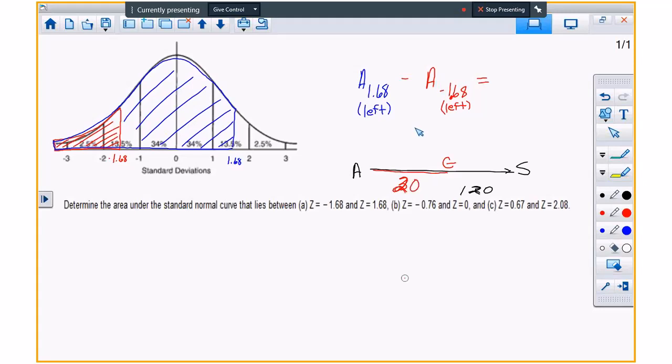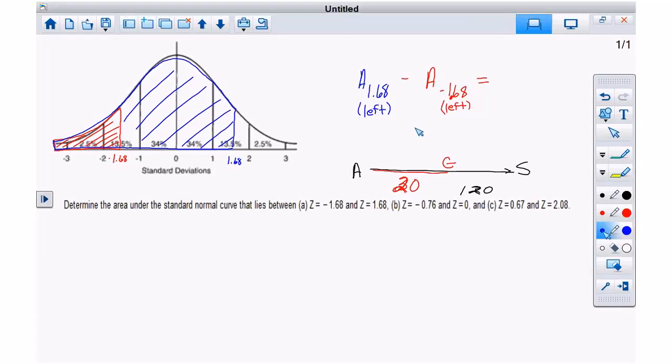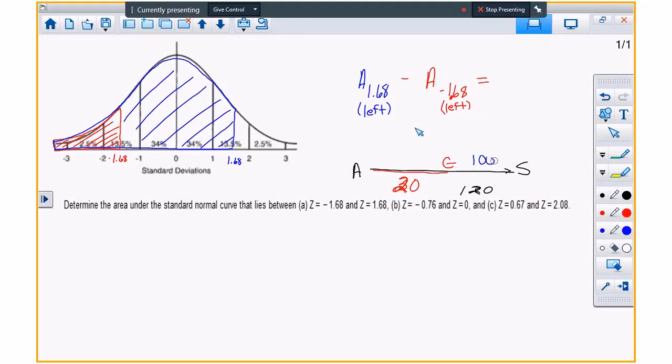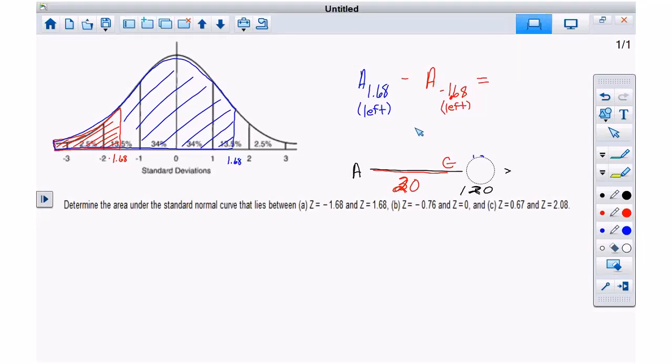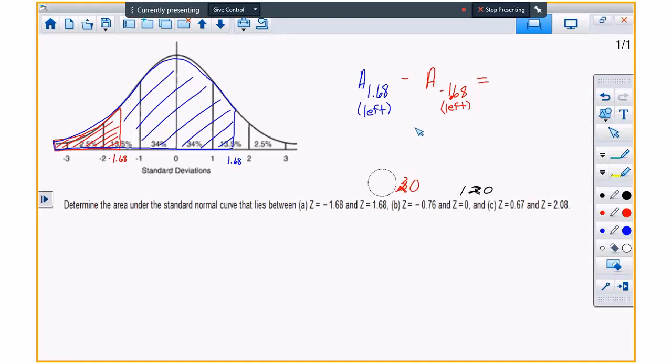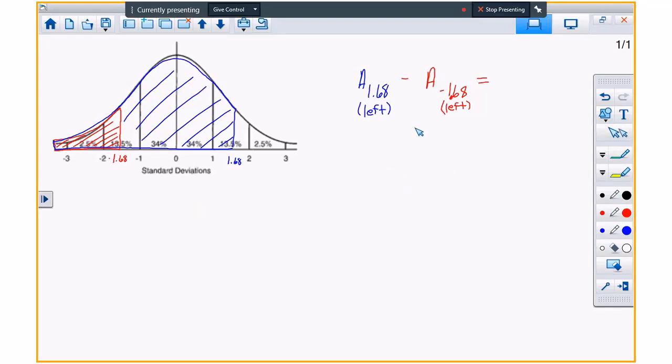Then what's the distance from Greenville to Spartanburg? 100, because you're subtracting the smaller from the larger. So that's what you're doing here. You're subtracting the smaller from the larger to get what's in between. So it's not rocket science. You just have to use your math and your critical thinking. Okay?